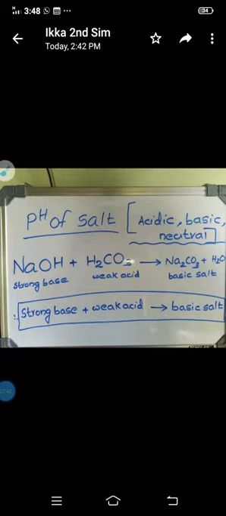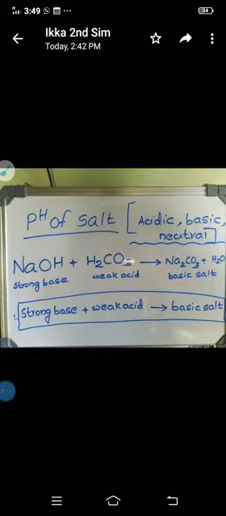Another example, NaOH plus H2CO3. Sodium hydroxide when combines with carbonic acid gives Na2CO3 plus H2O. Right? We know that NaOH is a strong base, H2CO3 is a weak acid.